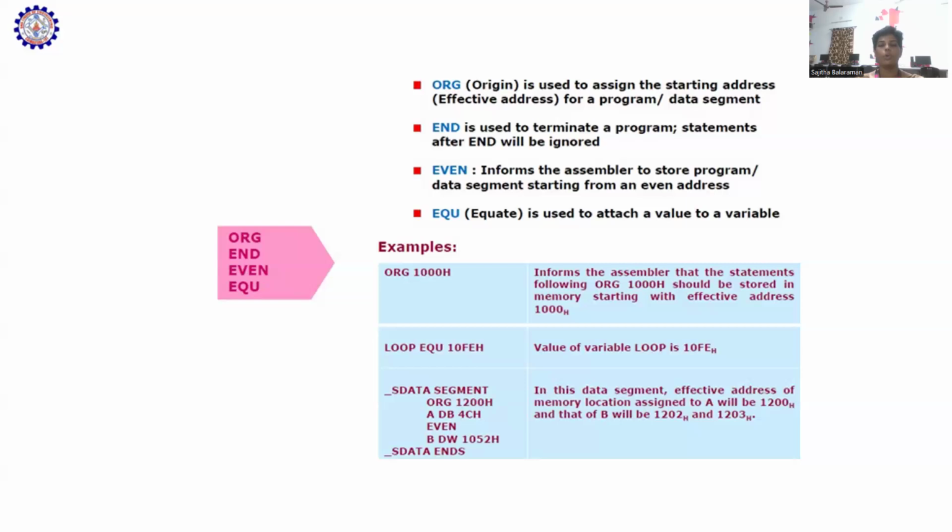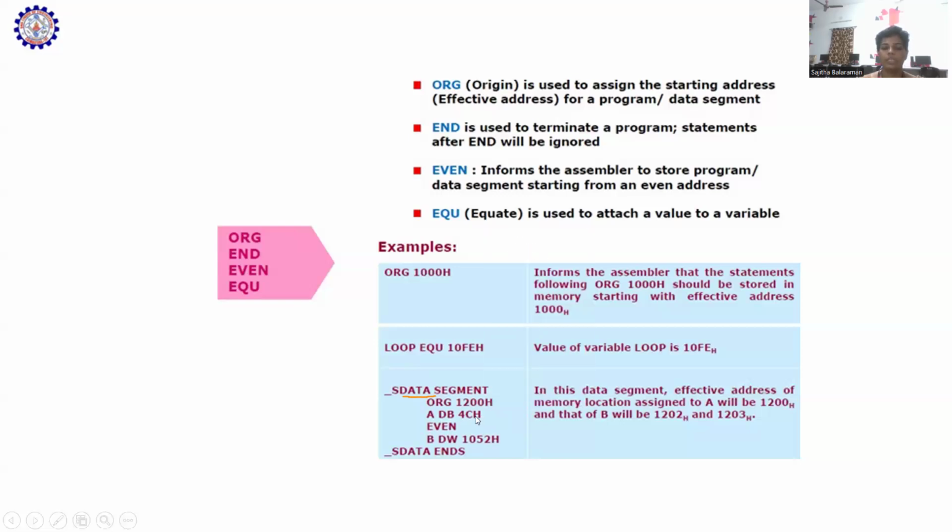_SDATA SEGMENT, ORG 1200H, A DB 4CH, EVEN, B DW 1052H, _SDATA ENDS. Here, _SDATA is the name given by the user, and ORG 1200H indicates that any directive or code after this will be assigned memory from 1200H.